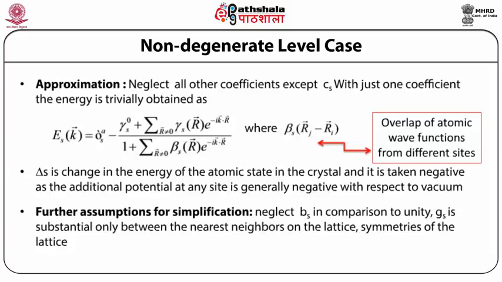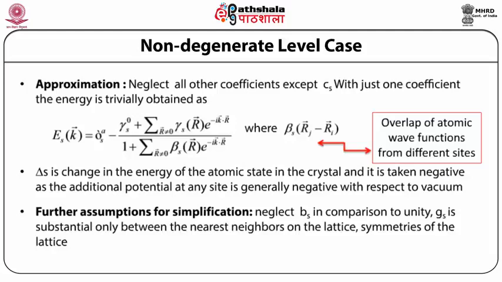Delta S is the change in the energy of the atomic state in the crystal, and it is taken negative as the additional potential at any site is generally negative with respect to vacuum. Gamma can have both signs, but for S levels, it is easily seen to be negative. The above considerations can simplify parameters.